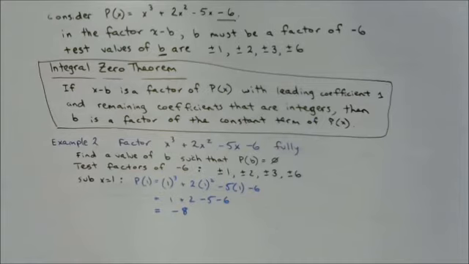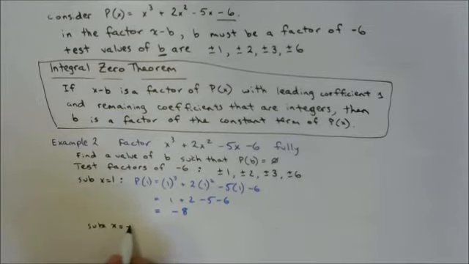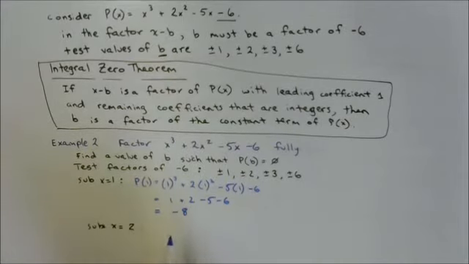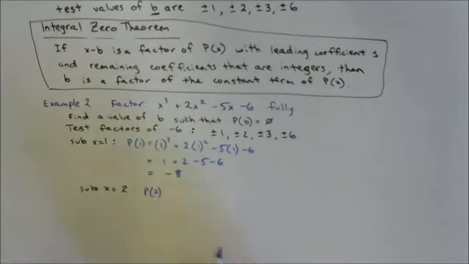Which value would we like to test next? You could try -1, or you could sub in x equals 2. I'm going to do x equals 2 because I know it gets us to an answer faster, although -1 could work too, I haven't checked. But anyway, I know that this one's going to work. So we sub in 2 anywhere we see x.